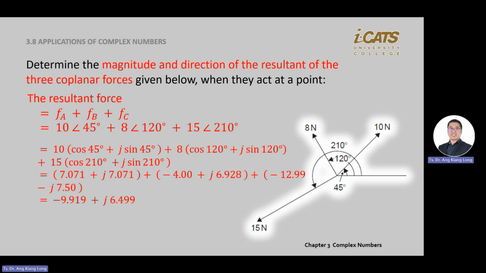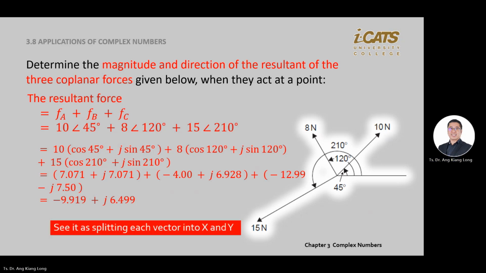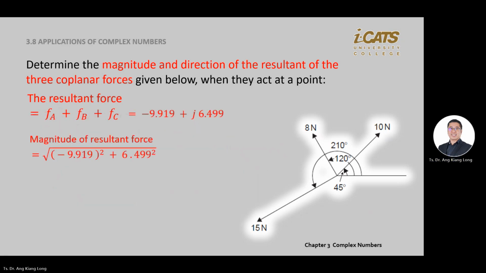From here, positive must be from the real axis, anti-clockwise, for complex numbers. Then find the magnitude and find the direction.